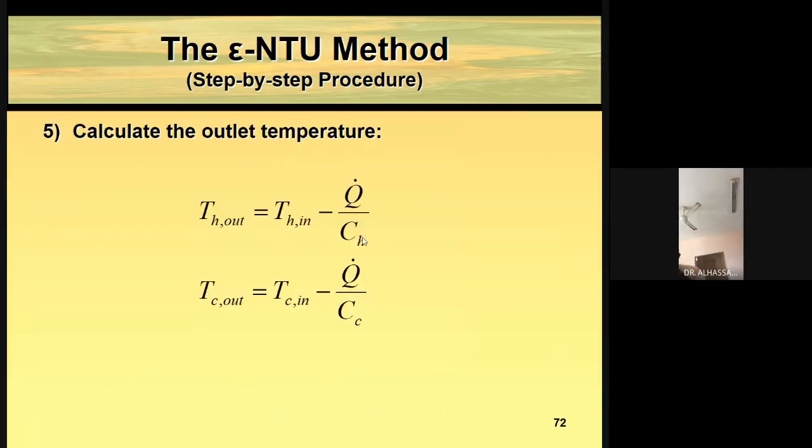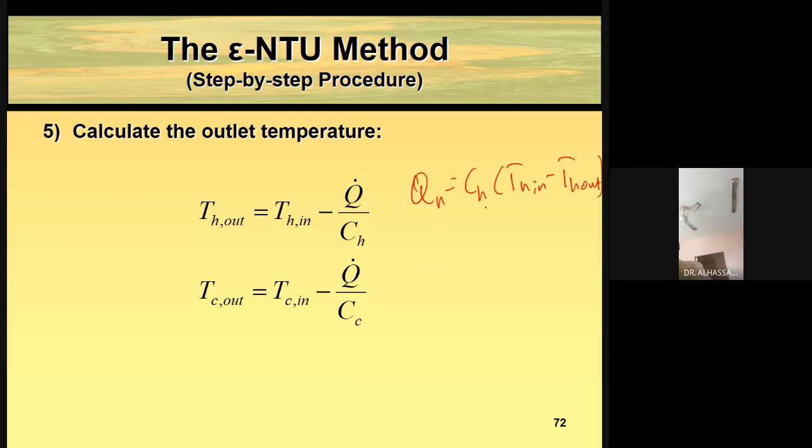So now calculate the outlet temperature. In order to calculate the outlet temperature of the fluid, we can use this equation. This equation is coming from Q hot equals C H, that's the capacity rate, times delta T, where delta T equals T hot inlet minus T hot outlet.